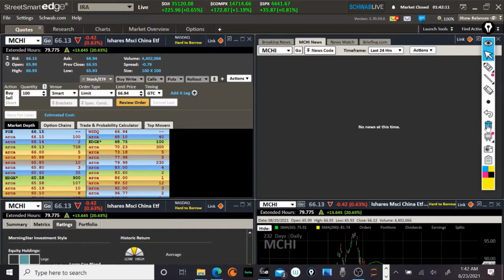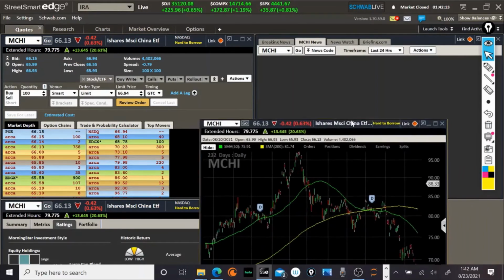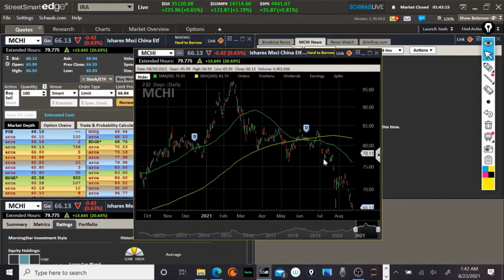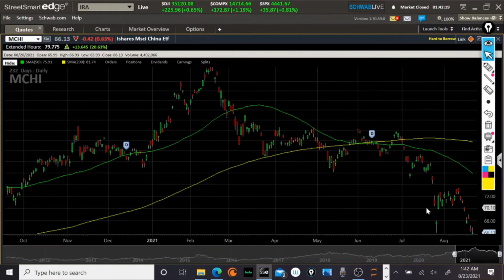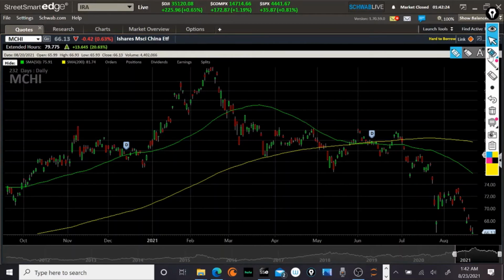Now, I'm going to go ahead and pull up this chart here and show you why I'm interested in buying this ETF. So China's been going through it lately, and in the last week they had some regulations come out on certain companies that looks like it might be bad for them. And so the ETF has dropped considerably in the last week from $74 to about $66.